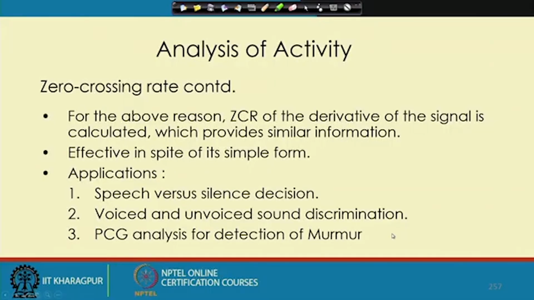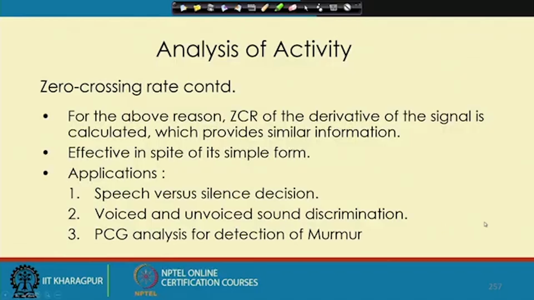Those murmurs are associated with not only high energy but also a change in frequency in the signal, and that change in frequency of the murmur is picked up by the zero crossing rate very effectively. So, that is another use of the zero crossing rate.